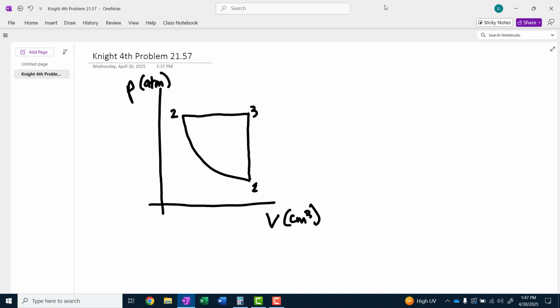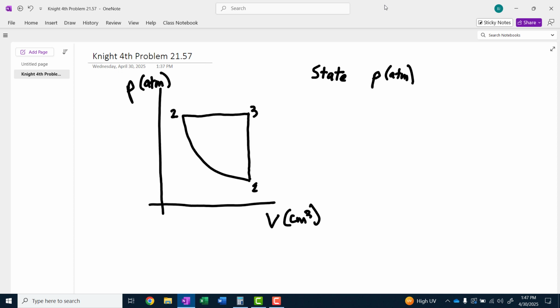So let's start right out the gate with a table of the state variables for the 3 states. So we'll have a column for state, a column for pressure, and we'll put the pressure in atmospheres.